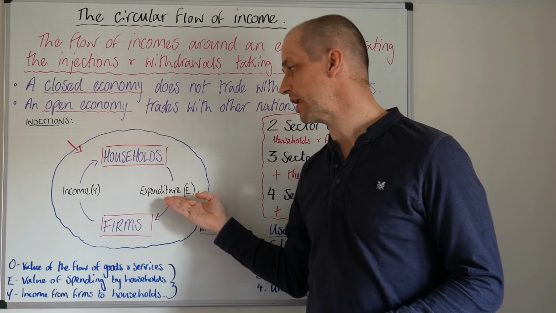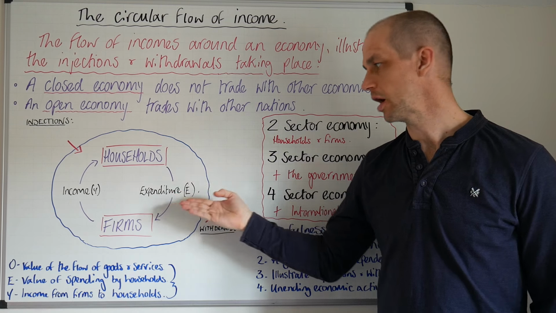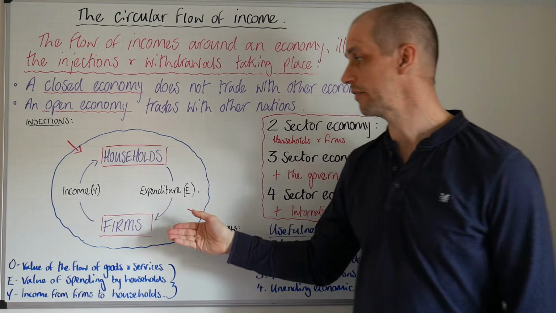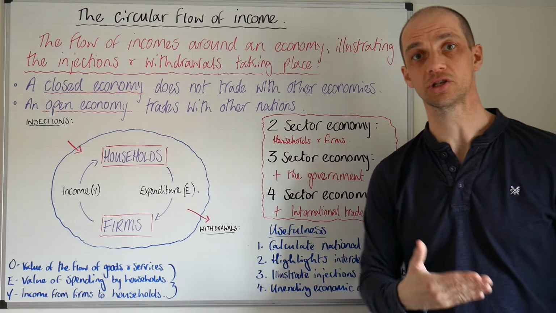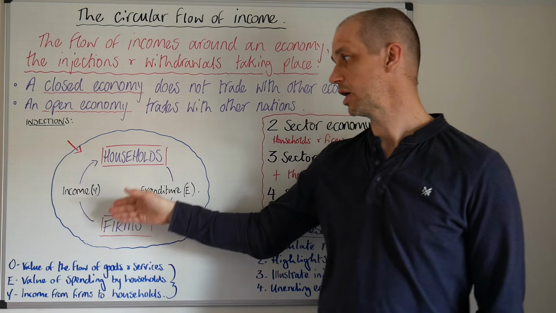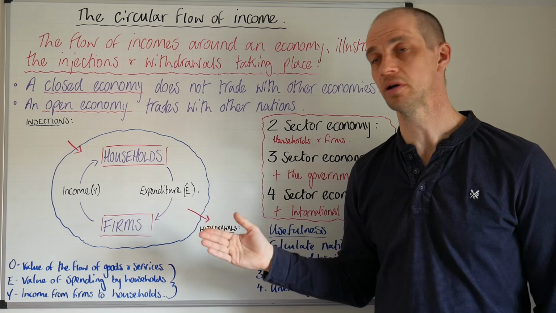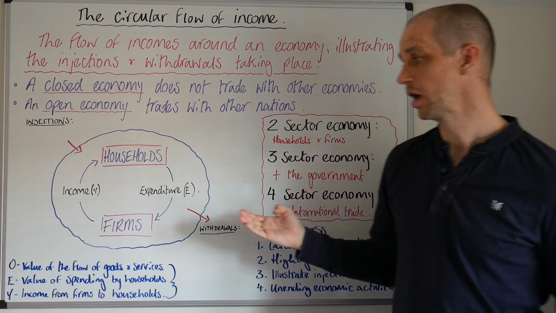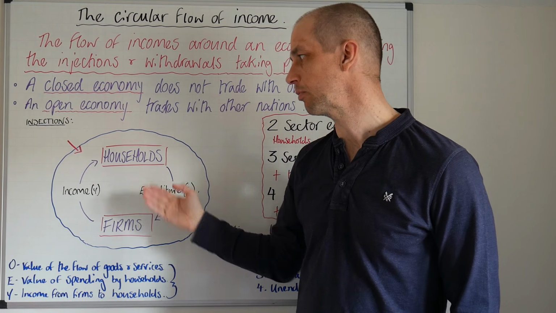So if they spend all of their income, firms receive that, and then of course income is actually provided to households as they provide their labour services, and once again households consume all of that income. Okay, so what does this help us to understand?